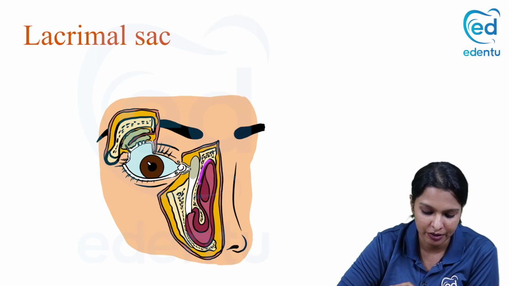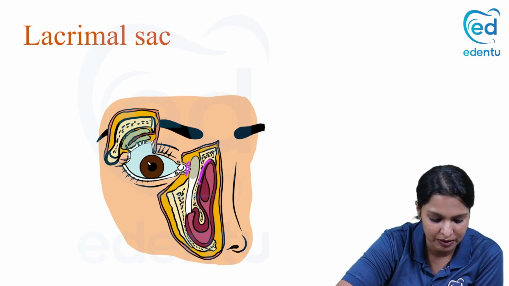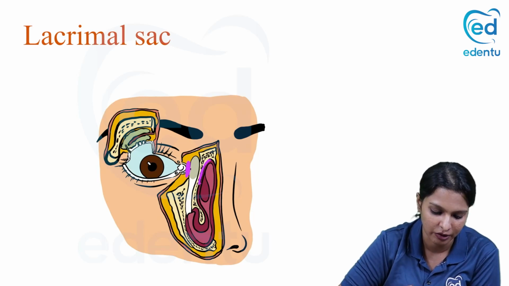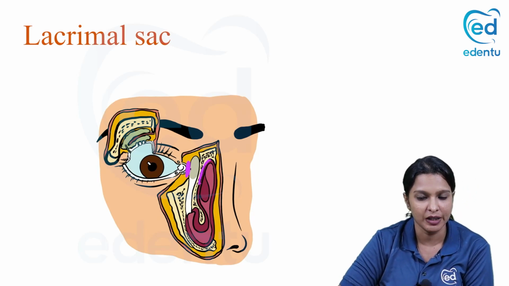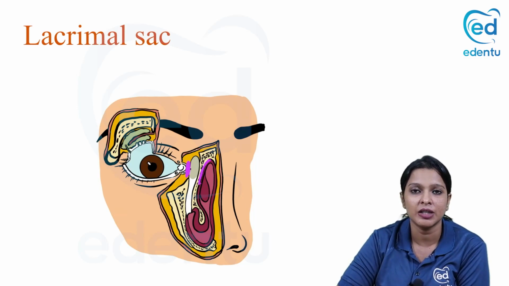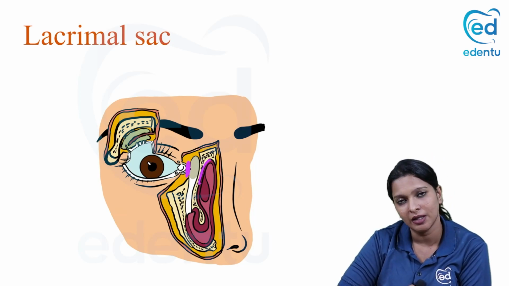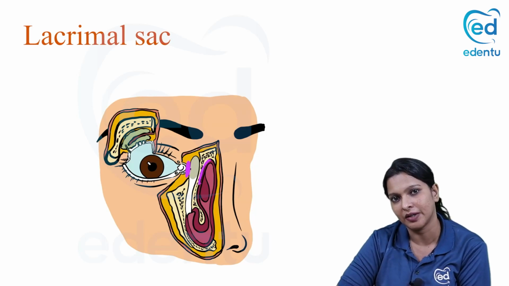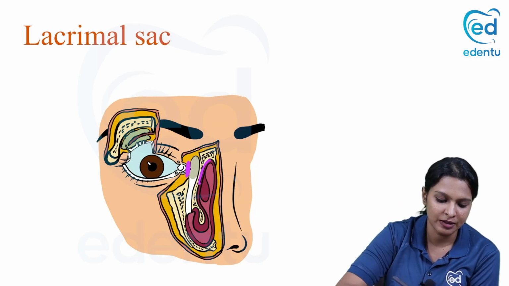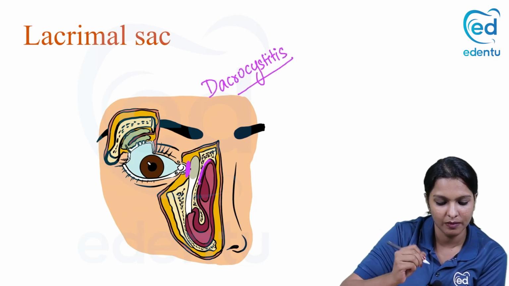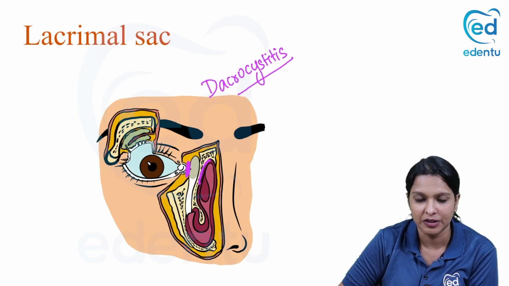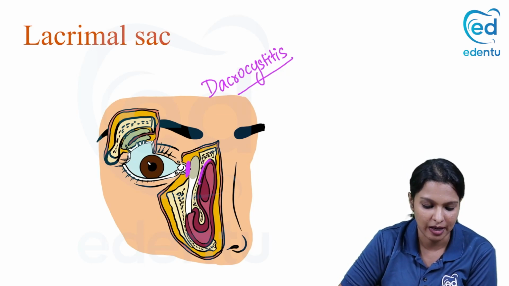Laterally it is related to a muscle. What muscle is that? The lacrimal part of orbicularis oculi and the fascia related to it. So we've seen the anterior relation is the medial palpebral ligament, the medial relation is the nasal cavity and laterally a muscle. What is dacryocystitis? Dacryocystitis is inflammation or infection in this region, the lacrimal sac.